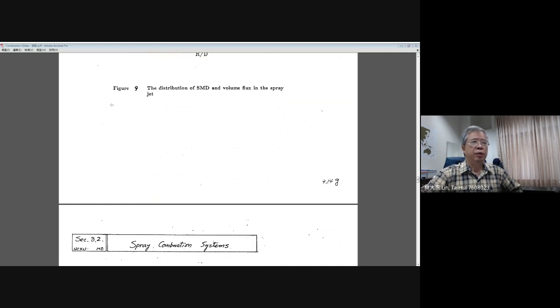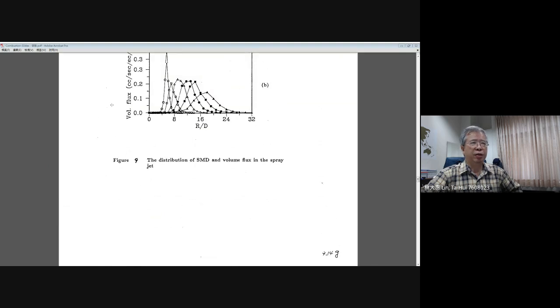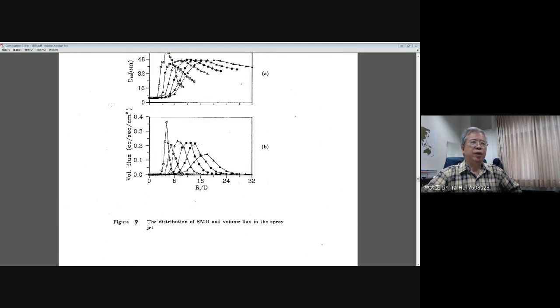For example, if you use a high pressure nozzle and produce a hollow cone spray, then all the distributions will be different. But this gives you the practice to know the interaction between the liquid droplets and the gas phase, and to see the variation of your droplet size and the spray behavior, including the axial and radial velocities.